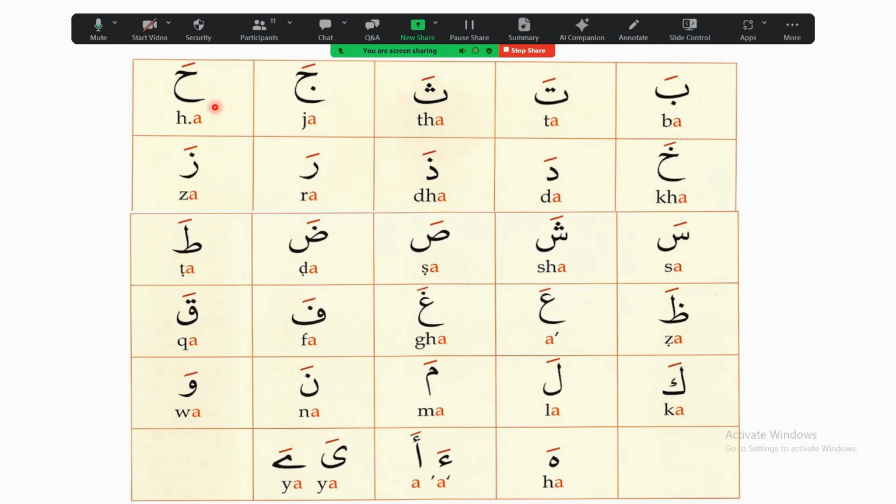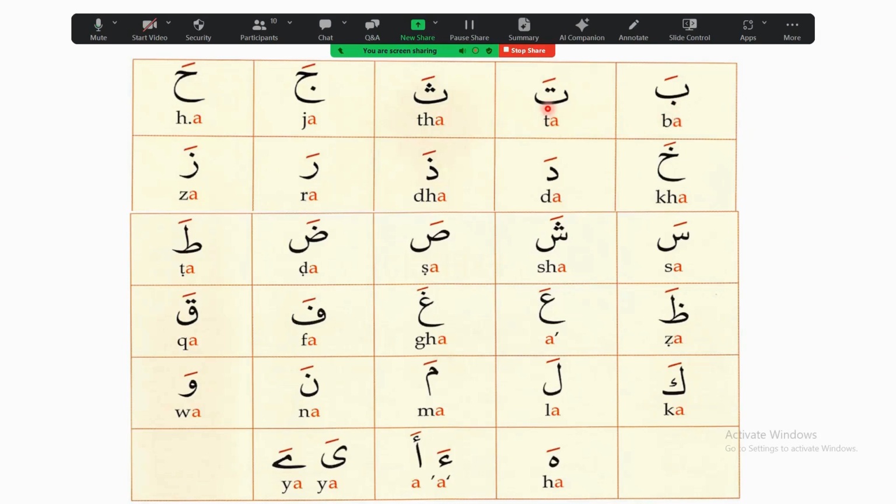I told you that for this letter, first you push the air out and then you make a sound at the end. Ha. So we will say the first part like batasajaha, batasajaha. Why we are practicing like this is so that we get fluent with it. Ba fatha ba, ba.